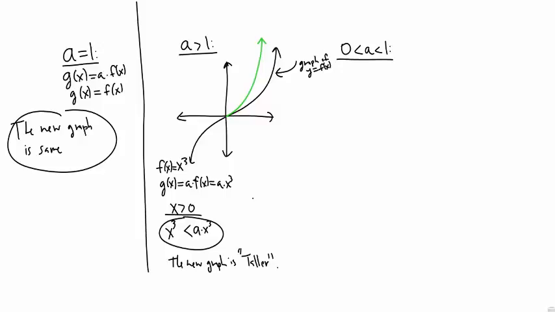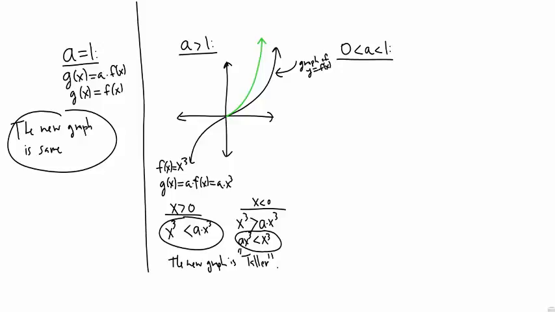What about for negative inputs? Well, when x is negative, so is x cubed. And I'm going to multiply this negative number by a positive number greater than 1. So ax cubed will be even more negative than x cubed. So this second output is smaller than the first output.